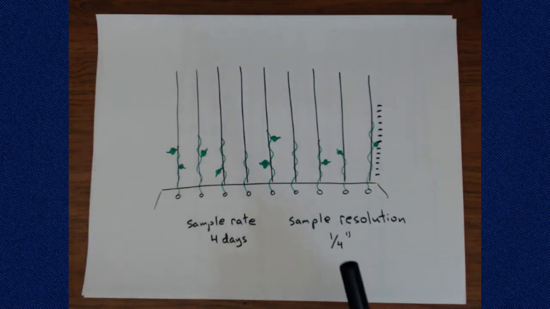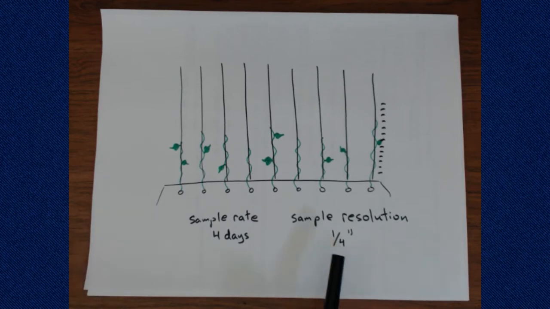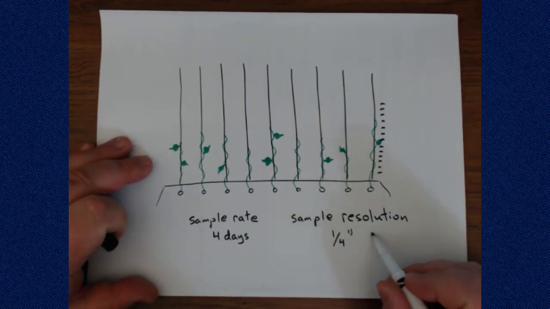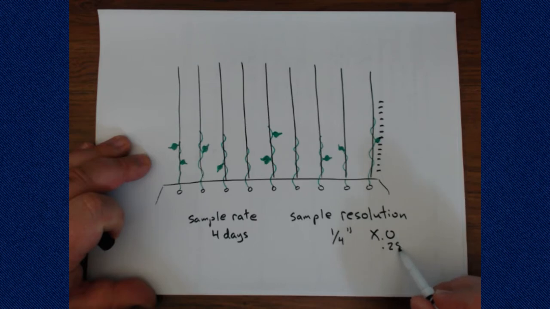But these are important decisions, because I have to log this information somewhere. And if my sample resolution is only 1/4 inch, I only have to write down numbers like so many inches, decimal point 0, or decimal point 25, or decimal point 5, or decimal point 75, right?